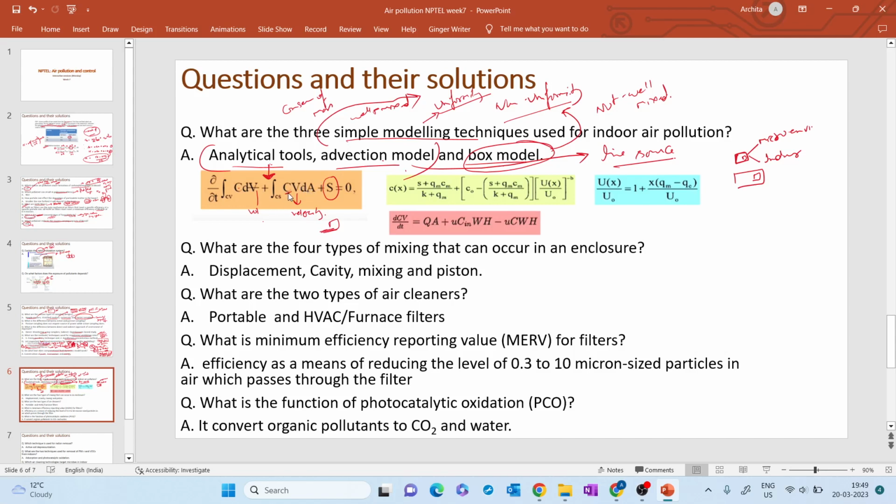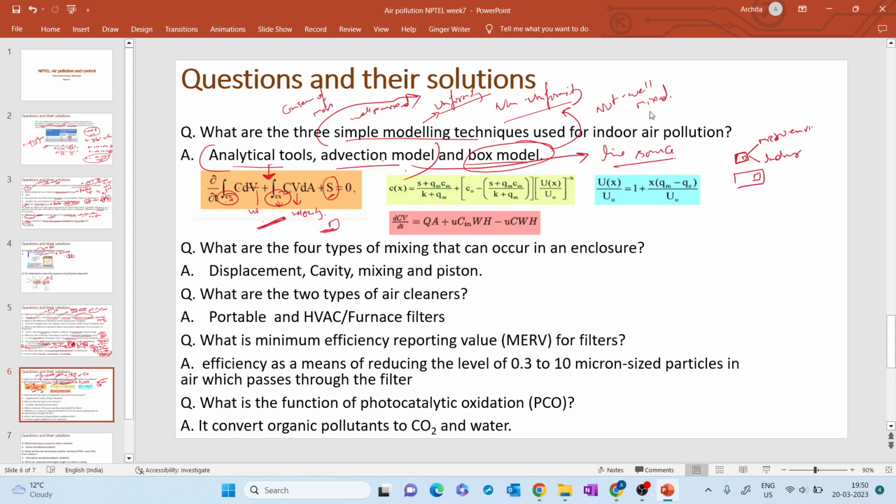This speed is, I think, the speed of circulation, and based on these different parameters you calculate how much indoor air pollution is happening. So it is based on the conservation of volume and for the surface. We see how the concentration is changing with volume and how the concentration is changing for a particular surface or a particular region. And then you have S, which is the emission rate, and then you solve it. You don't have to remember the equation, you just have to understand how it functions.